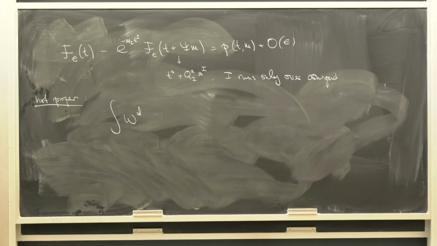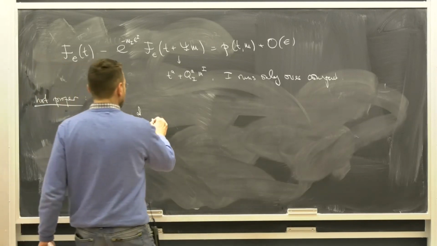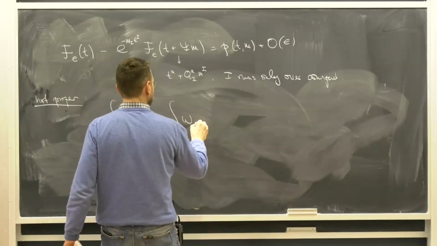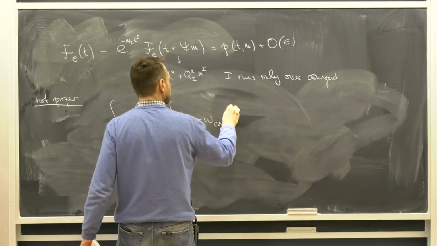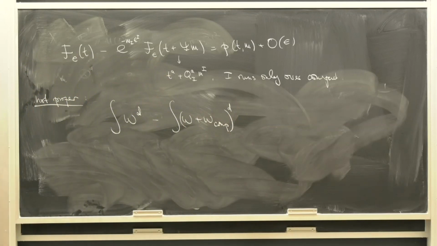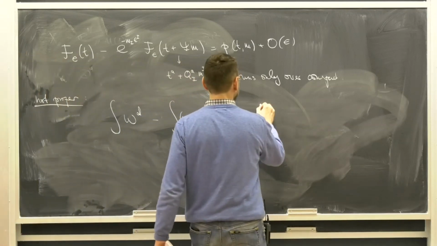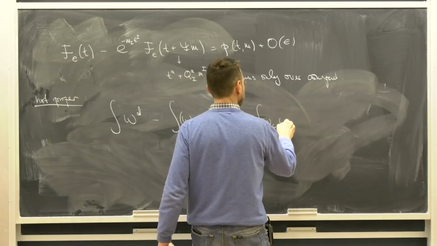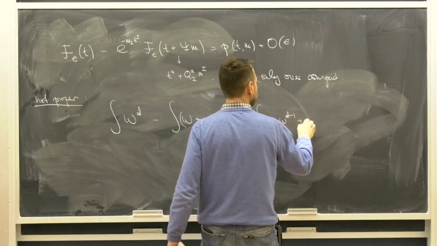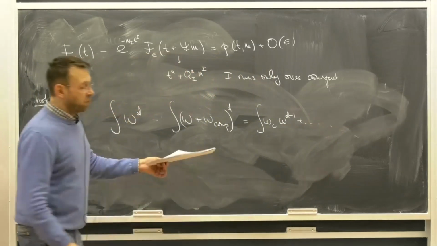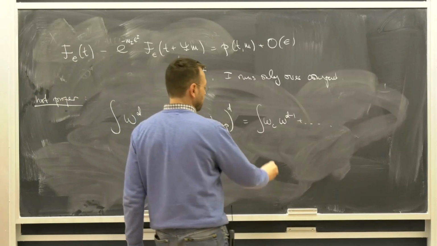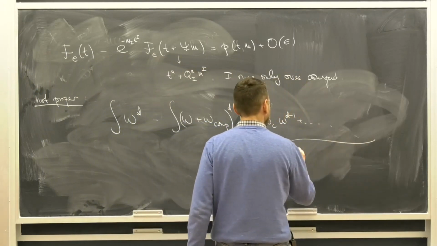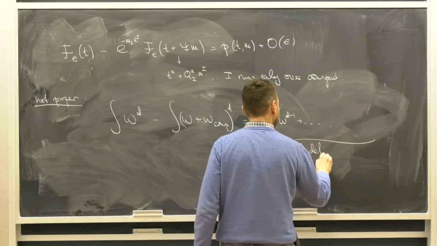Omega^d, which is not defined. Then I would like to subtract something like omega plus omega compact to the power d. So I will get terms omega compact plus omega^(d-1) plus etc. Now compact support means compact support. It will just be integrated over a compact space. So these are well-defined terms.